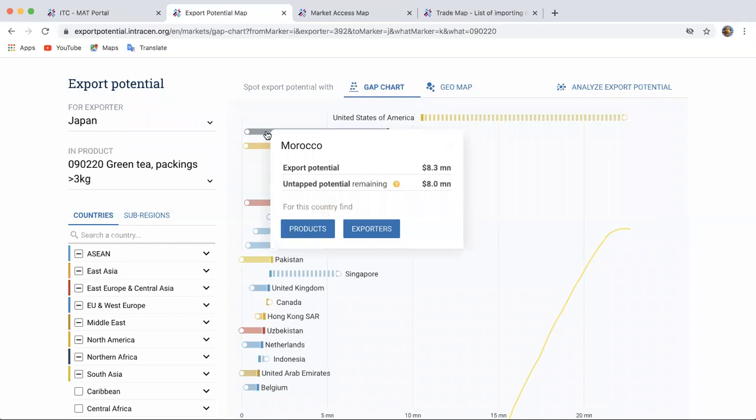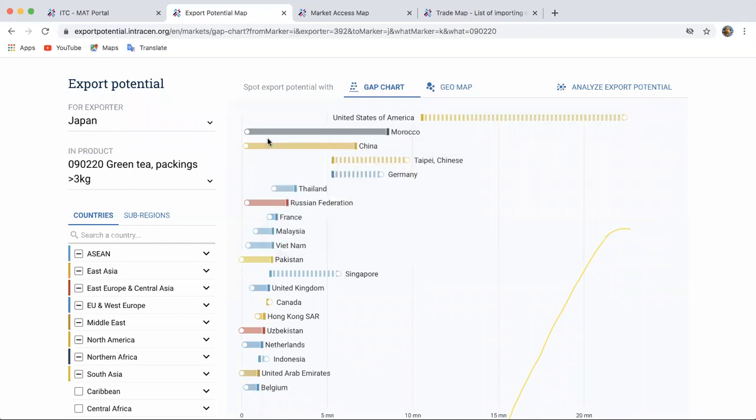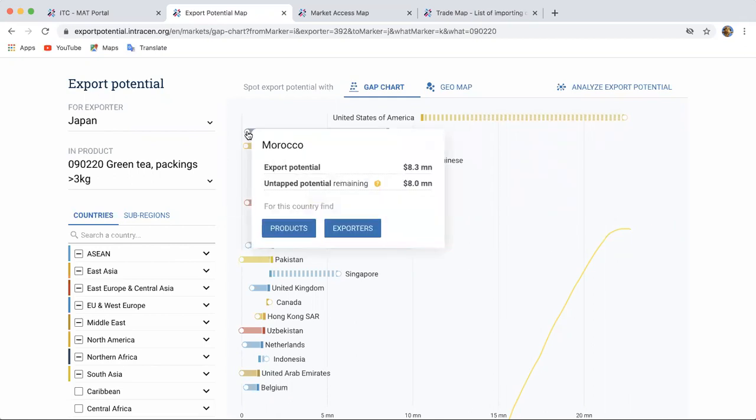Another interesting country that we see here is Morocco. We hadn't seen it before. But if you go back to Trade Map, you can see that Morocco is one of the biggest importers in the world of green tea. But the actual exports, like this little circle here indicates, show that Japan is not exporting much to Morocco, even though it's a very big market for green tea.